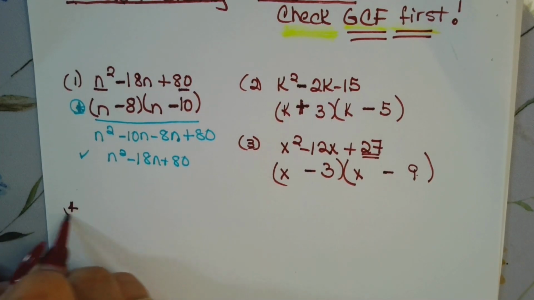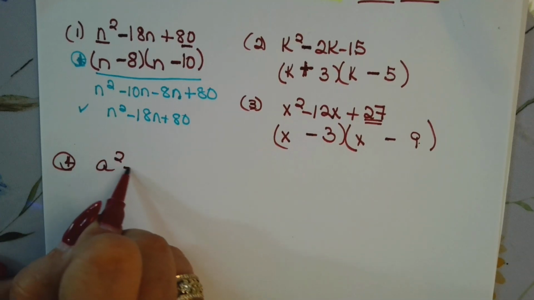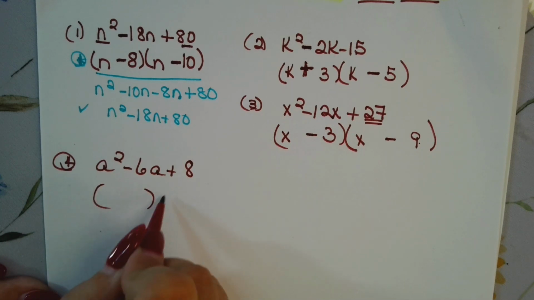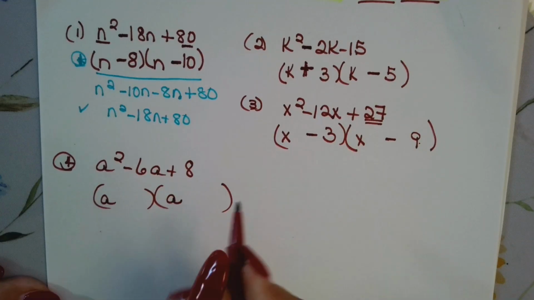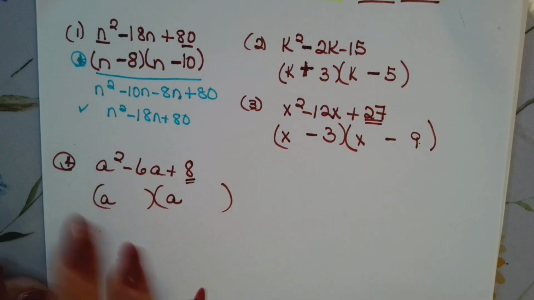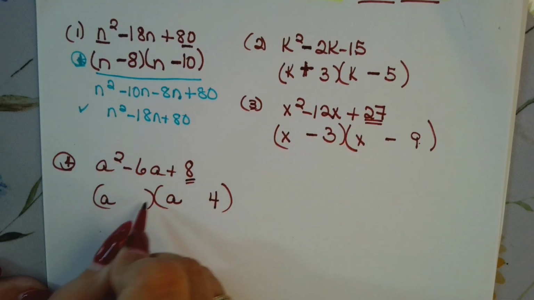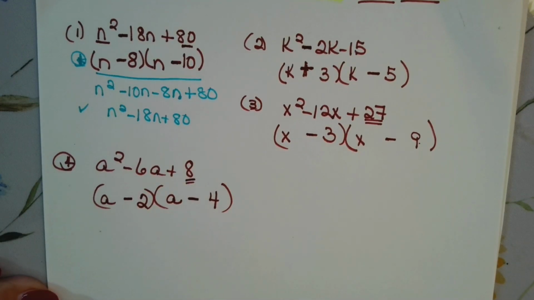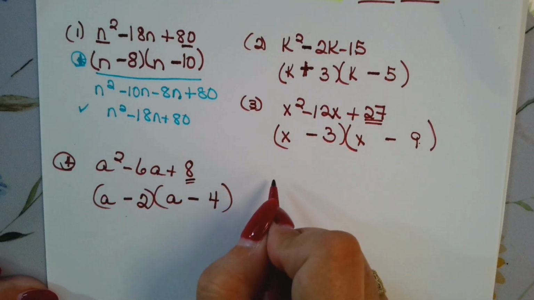All right, number 4. We have a squared minus 6a plus 8. We have a and a. Here we need factors of 8 that will either add up or subtract and give me a negative 6. That's going to have to be 4 and 2, and both of these will be negative because you're adding negative 2 and negative 4 to get negative 6a.